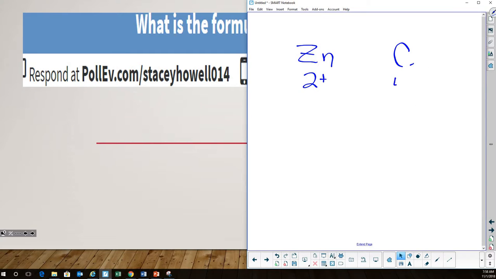You should have written this as a 4-. Okay. What's a common factor? 4. So how many 2's do I need to make 4? I need 2. How many 4's do I need to make 4? Okay, I don't write ones as subscripts. So I'm just going to write Zn with a 2 and a C, zinc carbide. Done.